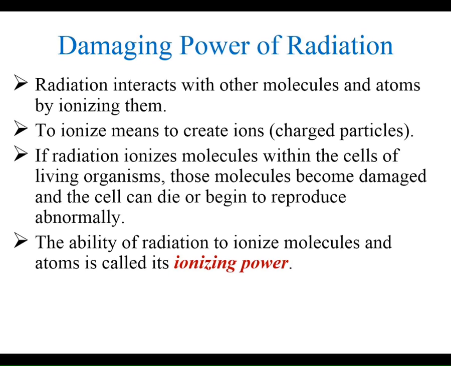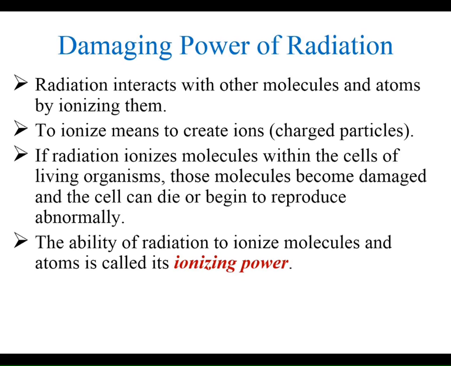Okay, so the ability of a type of radiation to cause this kind of ionization is called its ionizing power. There are two things we're concerned with in radiation. One is how well does it do this? How dangerous is it? When it smacks into your cells, is it going to leave a whole trail of ions in its wake, or just a few little ions?